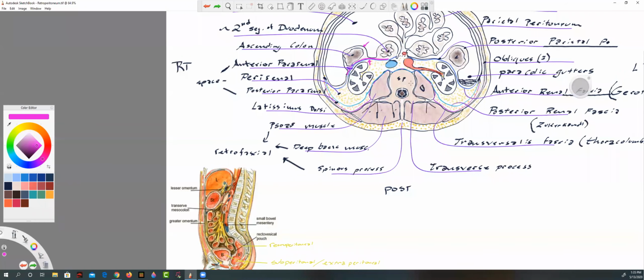So superior to the kidney, superior to the adrenal gland, the fascia comes to a point, like a pointy hat at the top. Inferiorly, it's actually open. It does not merge inferiorly. It merges on the side, of course, over here, and superiorly, just not inferiorly.